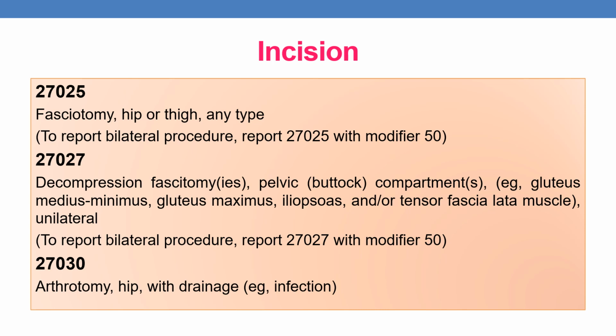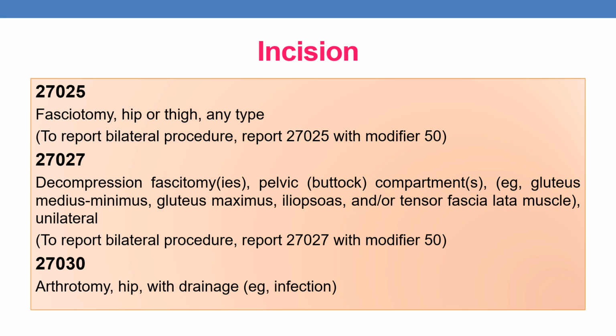The next is 27027. Decompression fasciotomies, pelvic compartments, example gluteus medius minimus, gluteus maximus, iliopsoas and or tensor fascia lata muscle. And it is a unilateral procedure.